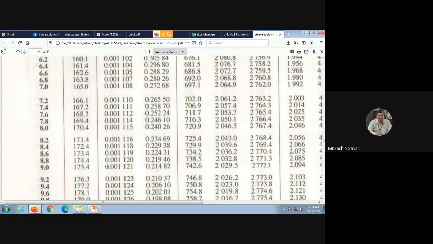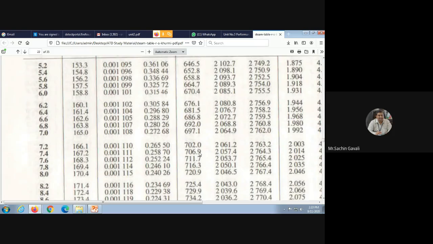So for 8.5 take the average of 8.4 and 8.6. What will the value of HF be? The mean of 729.9 and 734.2. And HFG is the average of 2039.6 and 2036.2. So the answer will be about 732 and 2037.8.